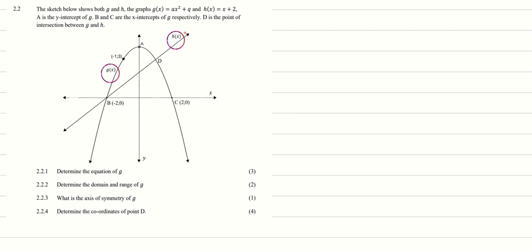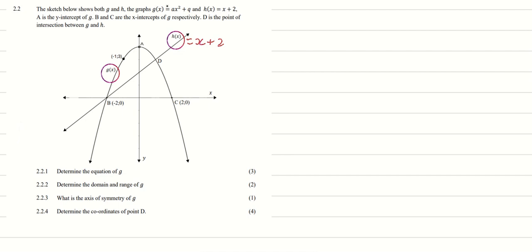Right, let's write that in. It's given, x plus 2. A is the y-intercept of g, okay, we see that, y-intercept of g. B and C are the x-intercepts of g. D is a point of intersection between g and h. Lovely. 2.2.1. Determine the equation of g.